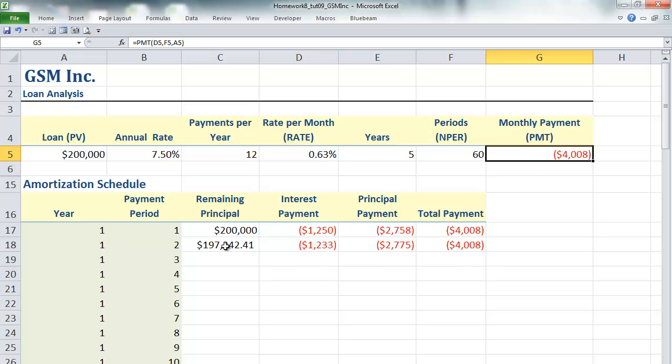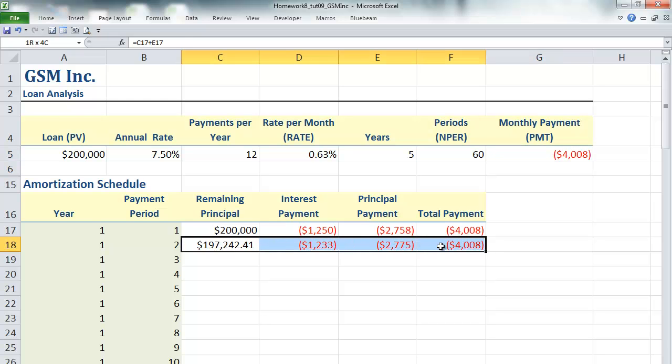We can now copy all of these formulas for payment number 2 down through the entire amortization schedule. The easiest way to do that is to click and drag the payment 2 cells, put our cursor in the very right corner until the cursor changes to a black crosshair, and then simply double click.